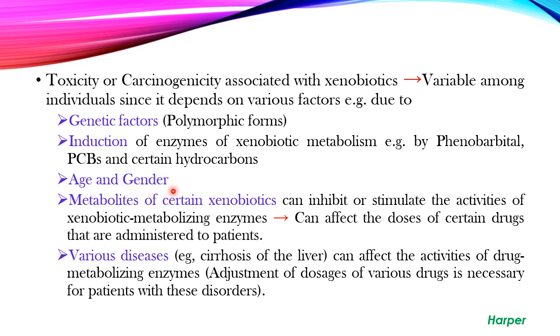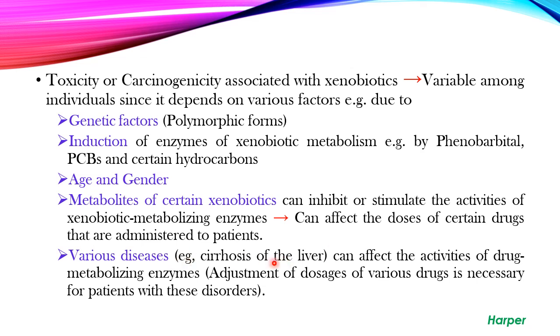Then age and gender also matter a lot. Even metabolites of some xenobiotics can themselves inhibit or stimulate the activities of their own enzymes, as a result of which the dose of certain drugs for those patients would be different.